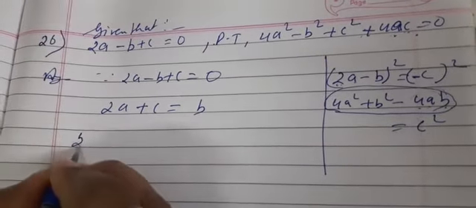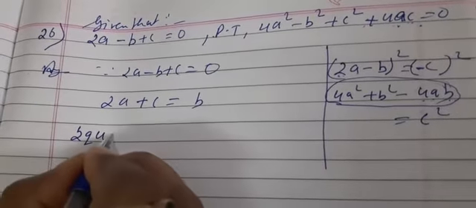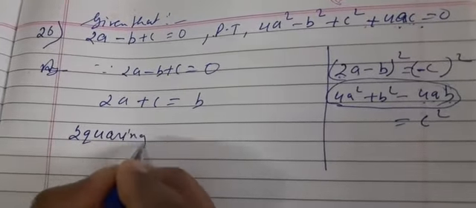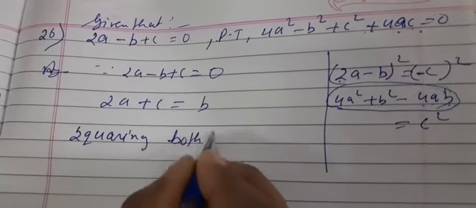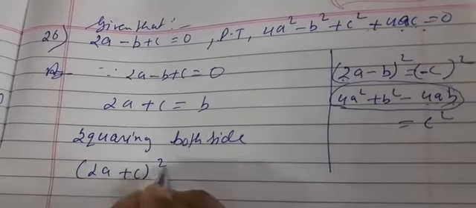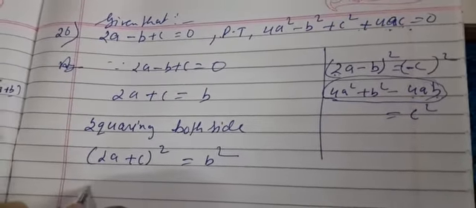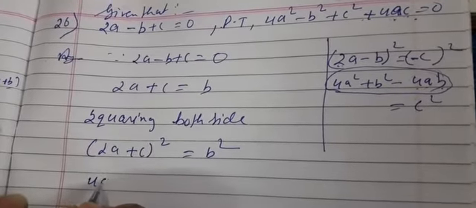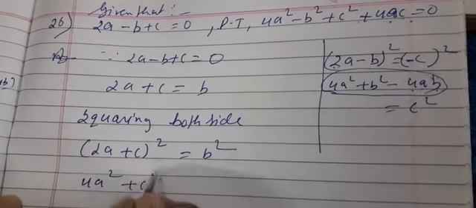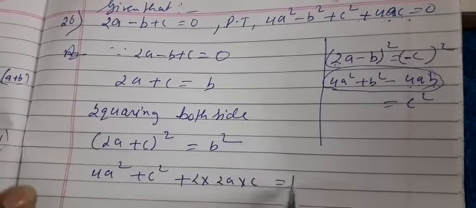Now squaring both sides, this will be 2a plus c whole square, that is b square. This will be 4a square plus c square plus 2 into 2a into c, that is 4ac, equals b square.